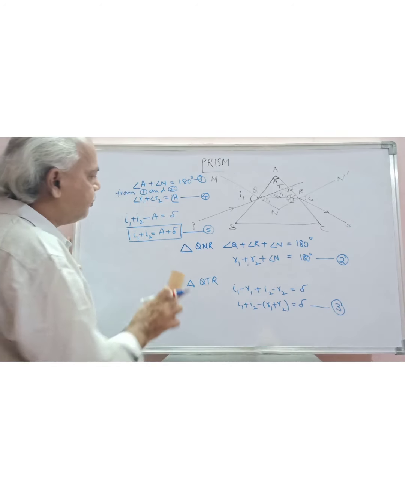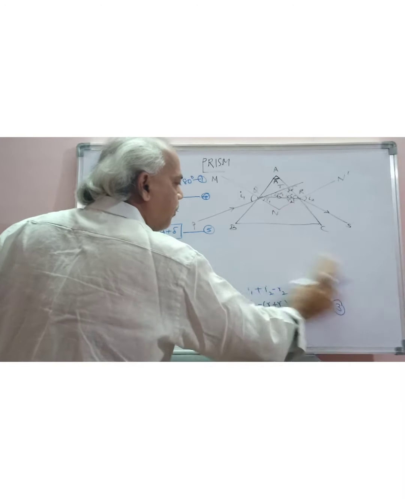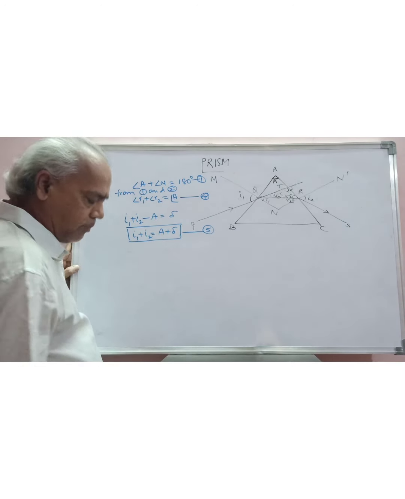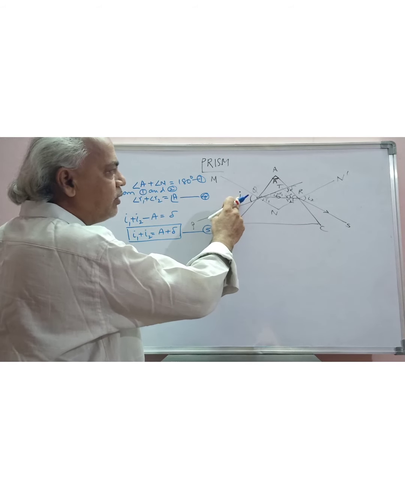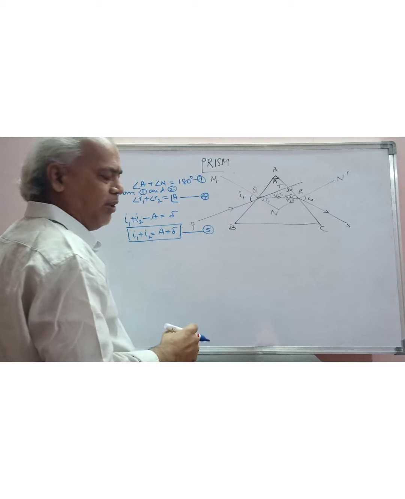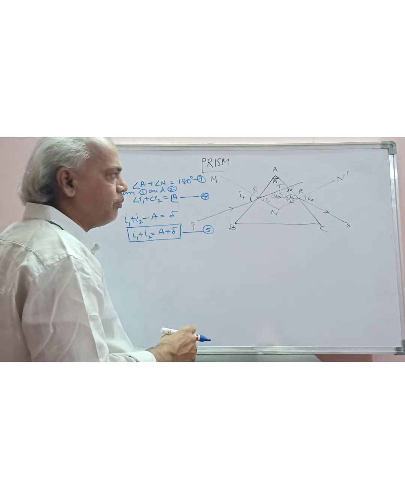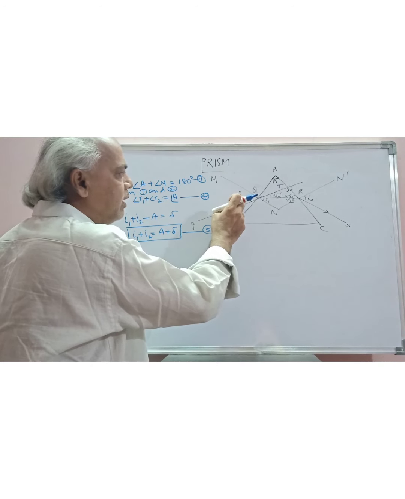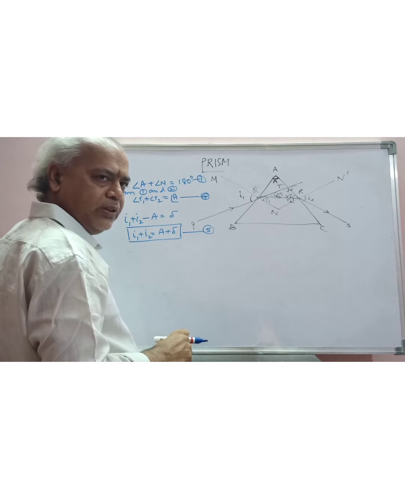Here, when we are performing an experiment, if you increase the angle of incidence, what happens? The angle of deviation also increases. After that, at a particular angle of incidence, the angle of deviation is minimum.